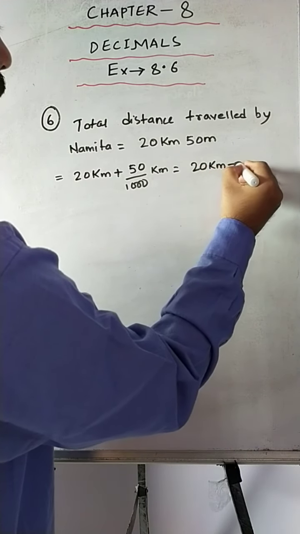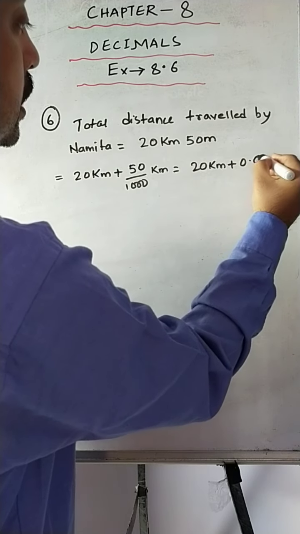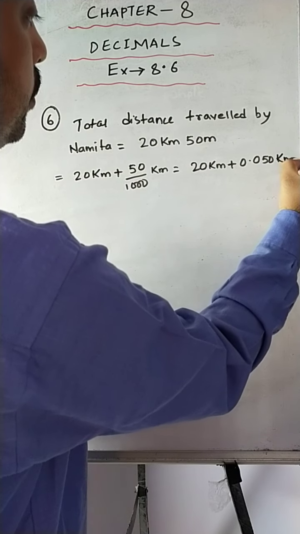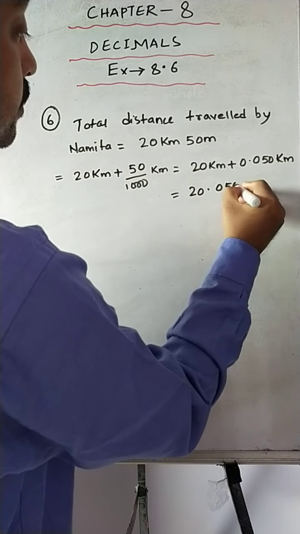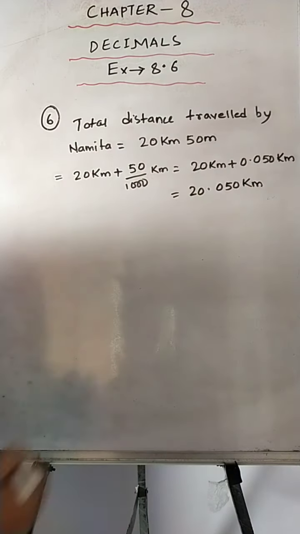So 20 kilometer plus 0.050 kilometer, that would be equals to 20.050 kilometer.